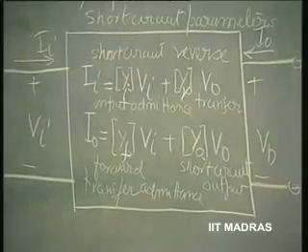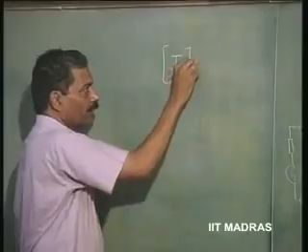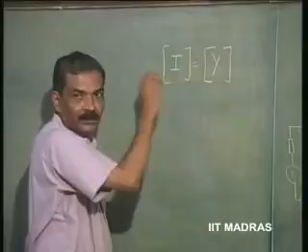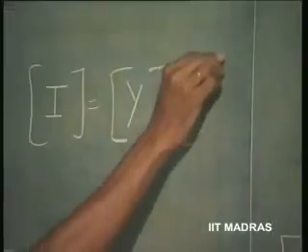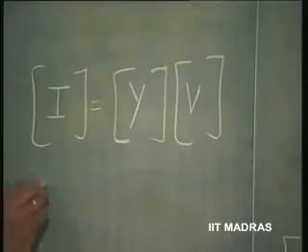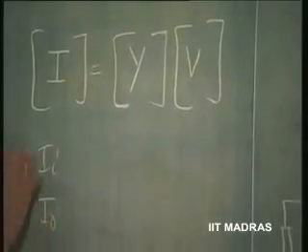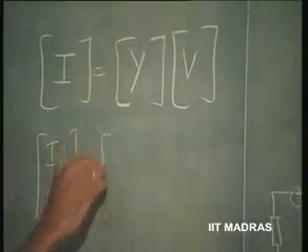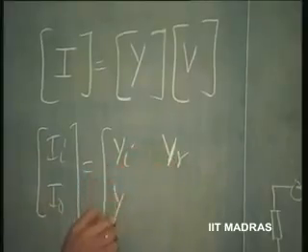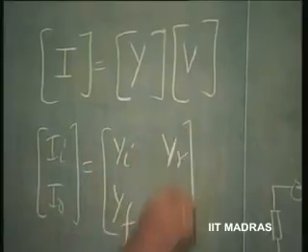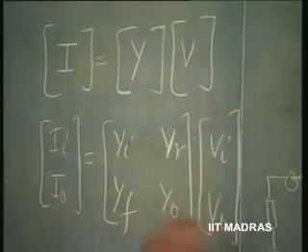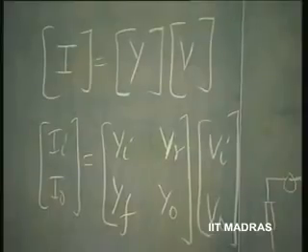and therefore, I matrix can be represented as Y matrix into V matrix. That means I0 is Yi, Yr, Yf, Y0 into Vi. This is the matrix representation of Y parameters.